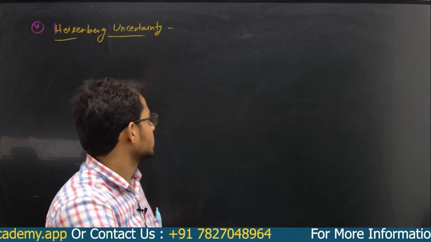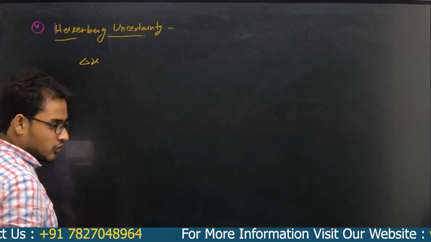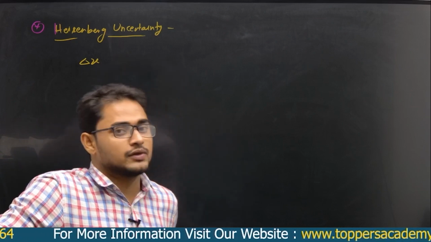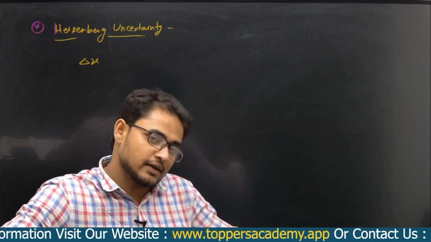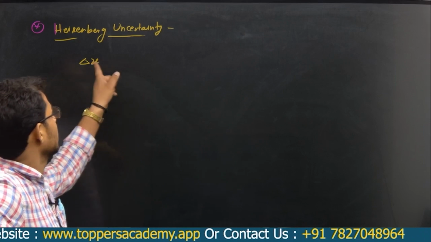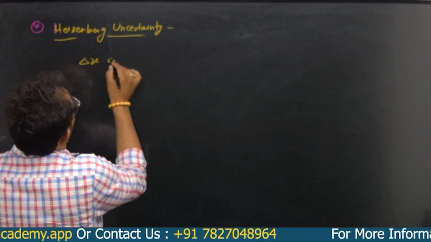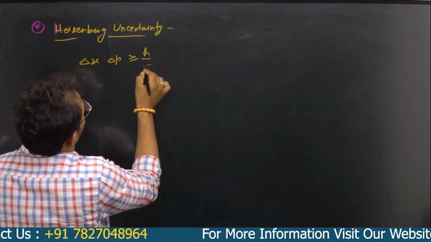If you do so, you will have error. We represent position as small x and error in position as delta x. Delta x delta p is equal to or greater than h upon 4 pi.